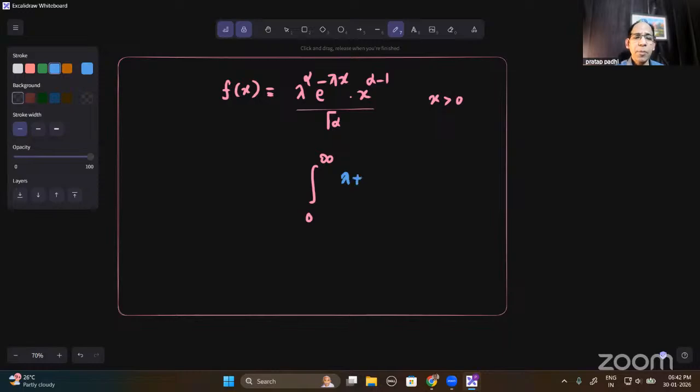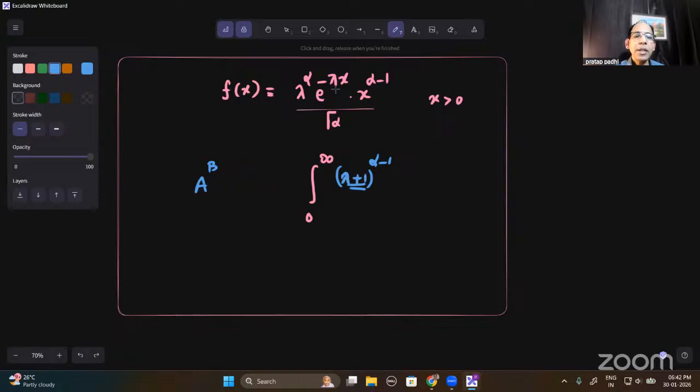Suppose I will write lambda plus 1 here and alpha minus 1 here. Then also it will work, because lambda plus 1 is another constant. That could be lambda dash or maybe any other variable a I will write here. Then alpha minus 1 I will write b. Then e power minus lambda x, where lambda is lambda plus 1, and I have taken that as a. So let me write a to the power b.